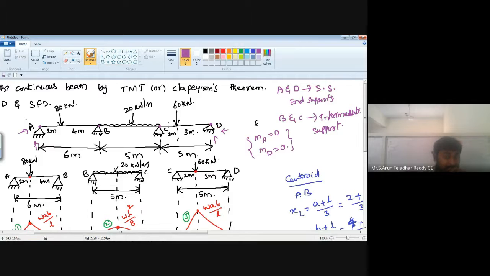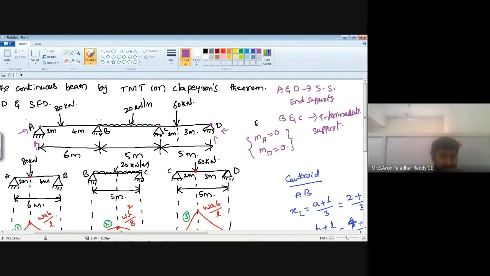But B and C are also hinge supports, but these B and C are the intermediate supports. So here we have one condition where an intermediate support we can name as a fixed support also.